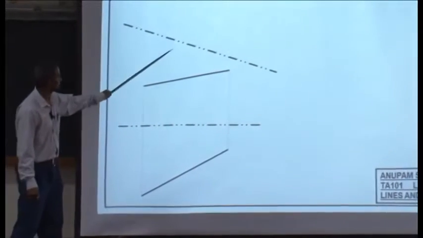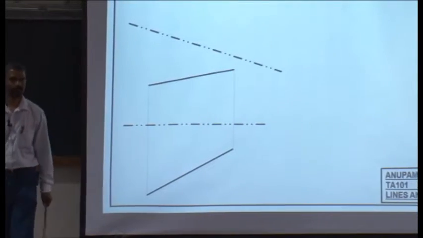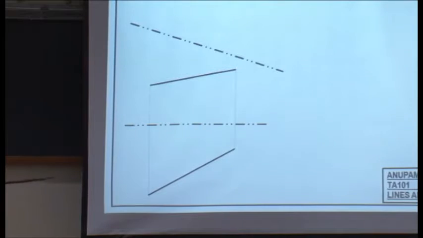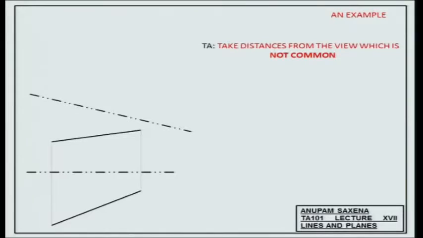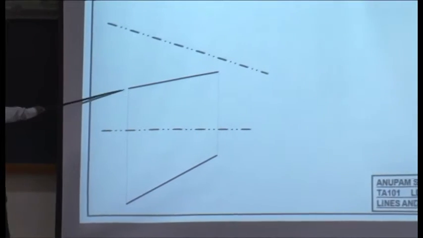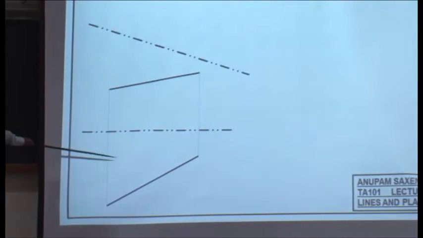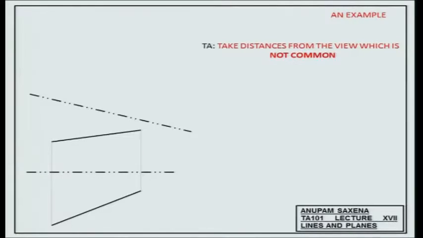In a sense, I'm free to choose the auxiliary plane that I want. I can view that projection from anywhere I want. Follow that rule and take distances. This view is going to be common.